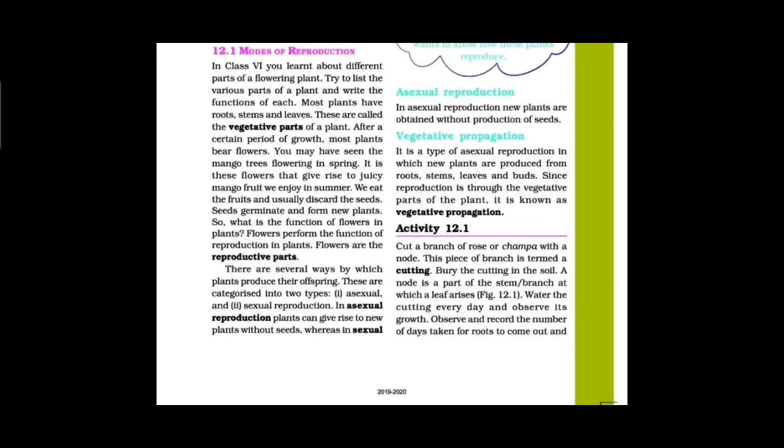Why do we call it vegetative propagation? The new plants are produced from roots, stem, leaves and buds, altogether called the vegetative parts of the plant. So it is called vegetative propagation.